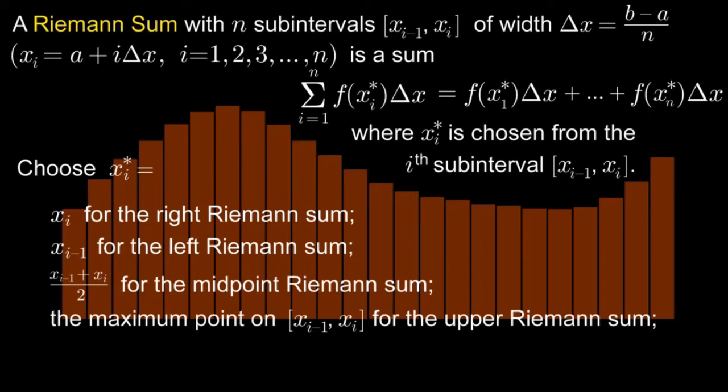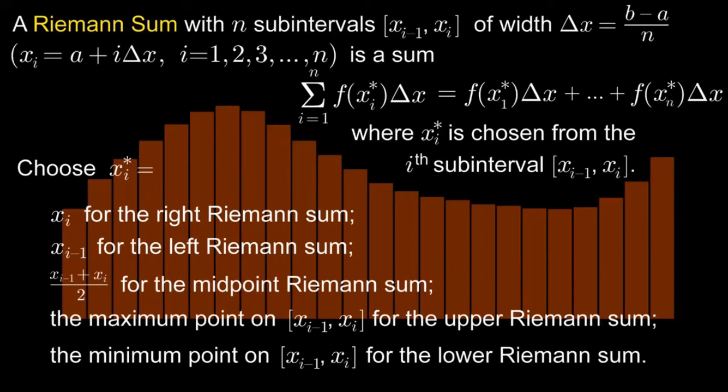If x_i star is the point in the ith subinterval where f is maximized, this will give you the upper Riemann sum. If x_i star is the point in the ith subinterval where f is minimized, this will give the lower Riemann sum.